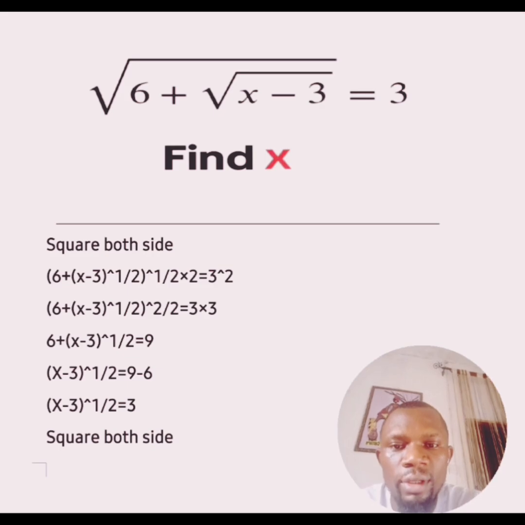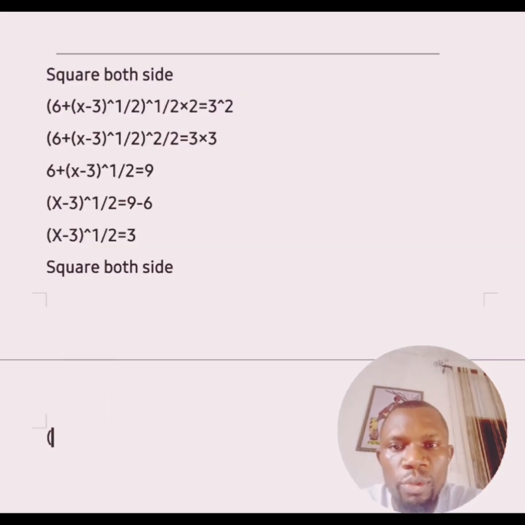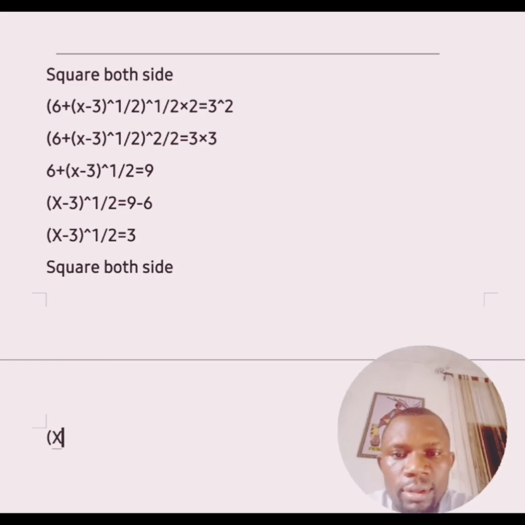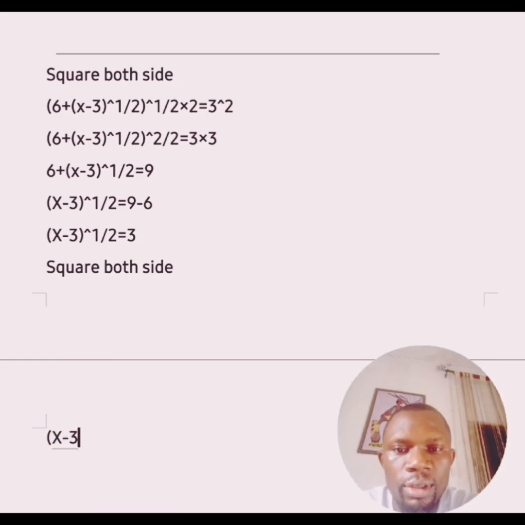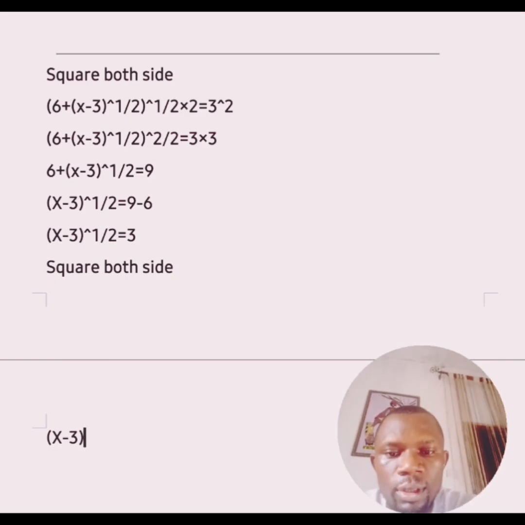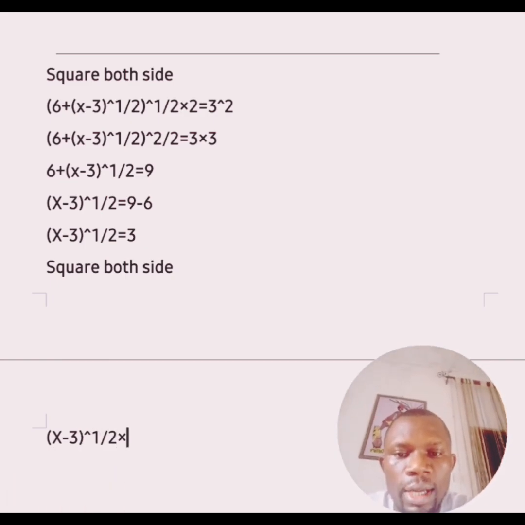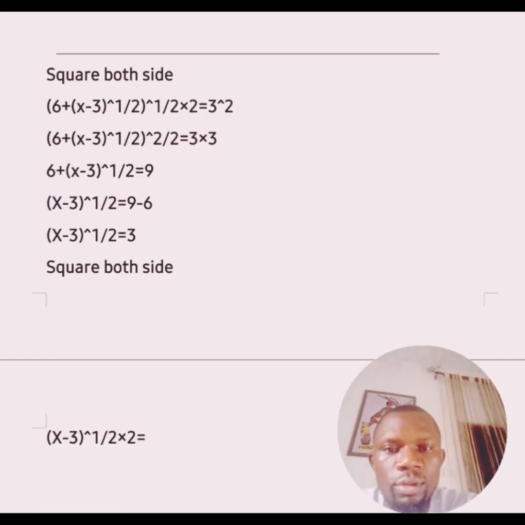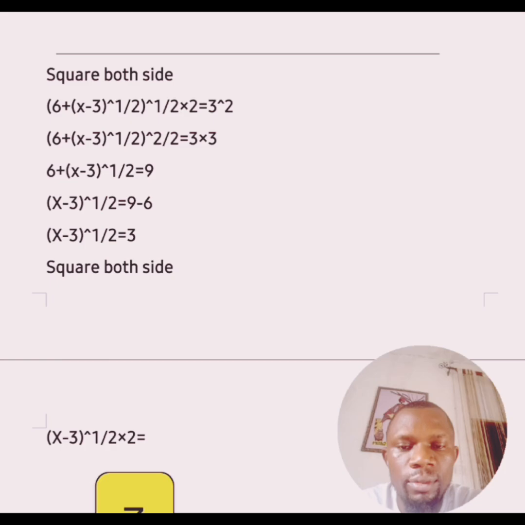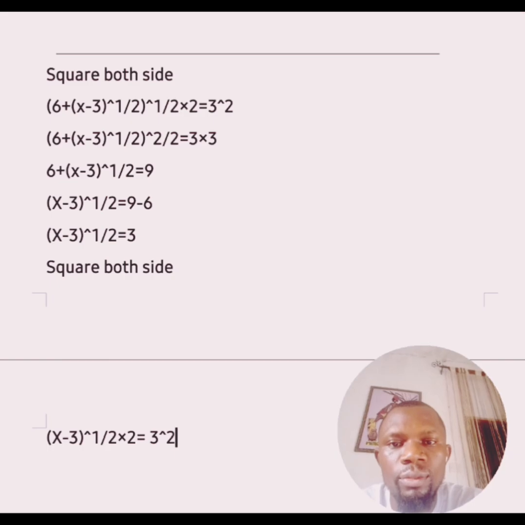What will I have? I will now have my open bracket x minus 3 raised to the power of 1 divided by 2 times 2 is equal to 3 raised to the power of 2, because I have to square both sides as well.